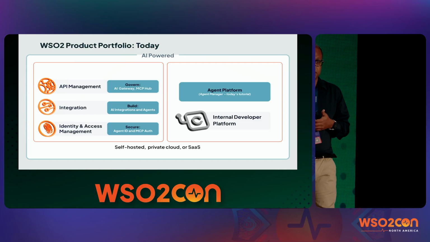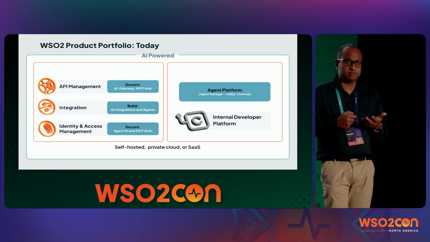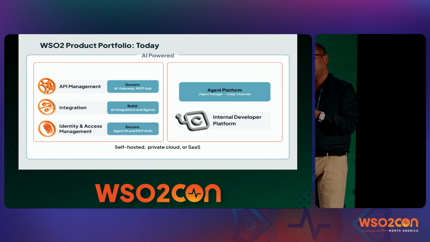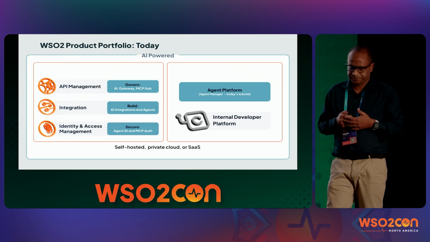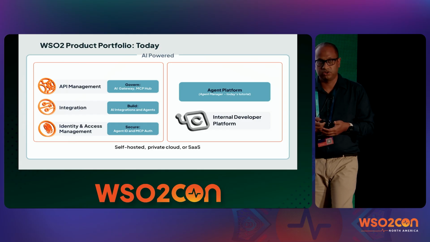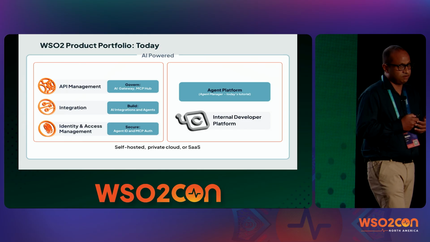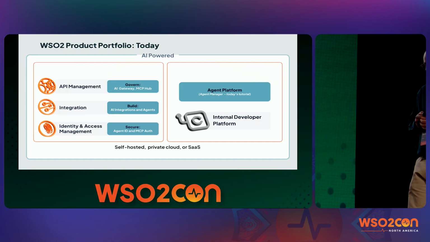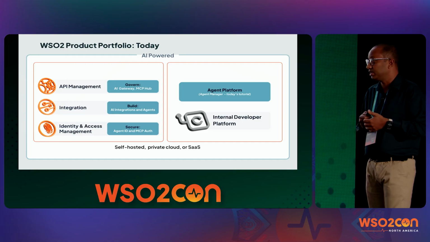The integration product has agent building capabilities. Recently we have introduced development time eval. How do you go about doing evaluation at development time? We introduced a set of capabilities into WSO2 Integrator.